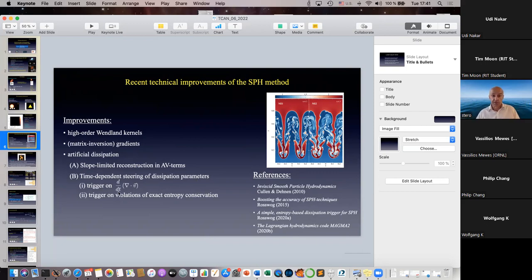Therefore, we have also implemented an alternative, and this looks just at compression. If you have a velocity divergence that increases in time, so you're increasingly compressed, then a particle realizes, okay, I'm moving in a shock now, and increases its dissipation. Once the shock wave has passed through, the dissipation decays back to a very low value. So I think this is pretty well under control.